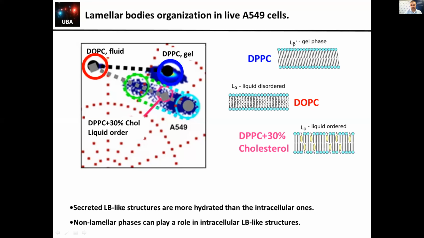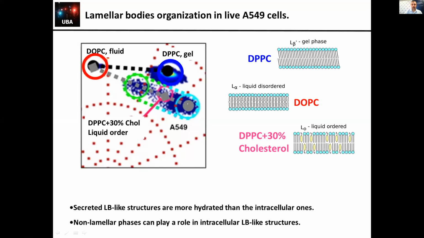So this data here between cyan and green are the data for the A549 cells. And basically the lamellar bodies are exactly in this cursor. So they are out of the linear combination between liquid-ordered and fluid membrane.